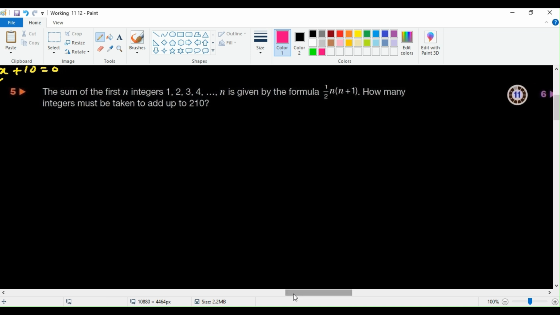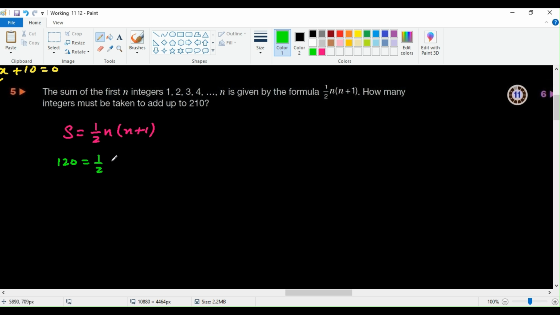Now it says the sum of the first n integers 1, 2, 3, 4 and so on is given by the formula. So sum we write this way: sum equals 1 over 2 n and n plus 1. How many integers must be taken up to add up to 210? So what we do is we are saying that the value given is 120 and half. We need to find out n.